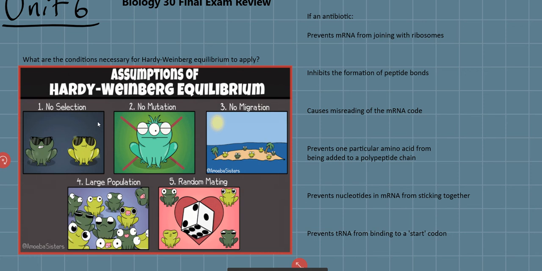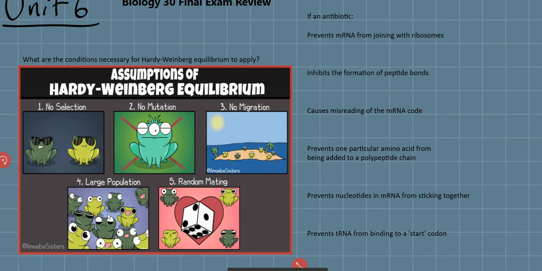We said that this applies and has two formulas, P plus Q equals 1 and P squared plus 2PQ plus Q squared equals 1. And that applies only sometimes, when there is no random selection, nothing that is making one genotype more advantageous than another, no big mutations going on, no net migration, there's no big population shifts.